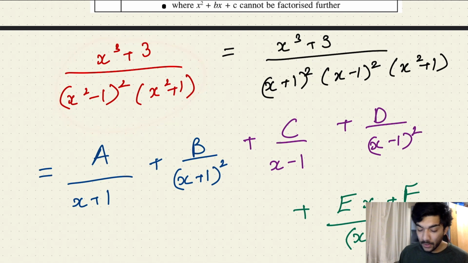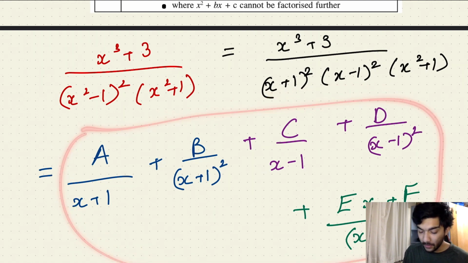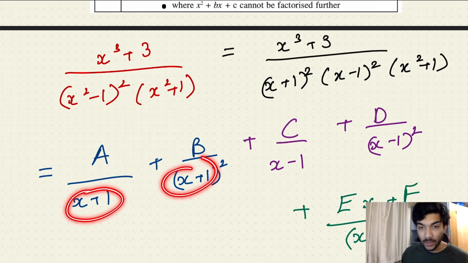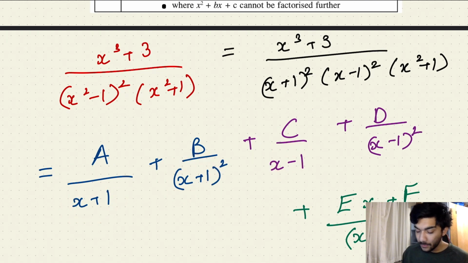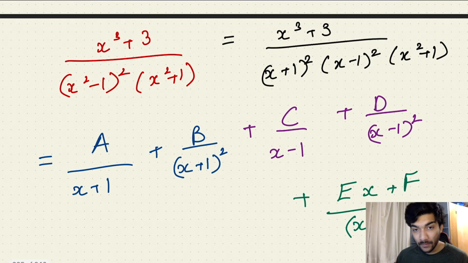So now you can clearly see that if you were to calculate the integral of this expression, it would have been a lot easier if you were calculating the integral of this whole expression over here, right? Because these are very common terms for your integral forms, right?